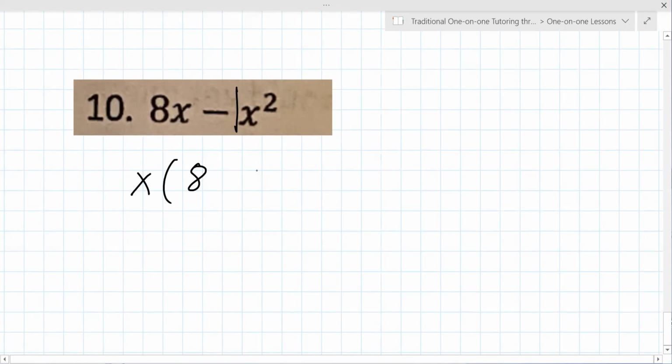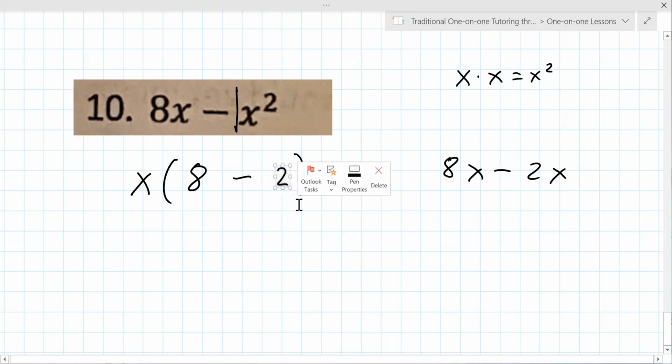Oh yeah, x parentheses 8 minus 2. If you put 2 here and multiply in, you get 8x minus 2x, but that's x squared. The only way to get an x squared is x times x. That gives you x. So x parentheses 8 minus x. Is that okay? Yes, that's correct.